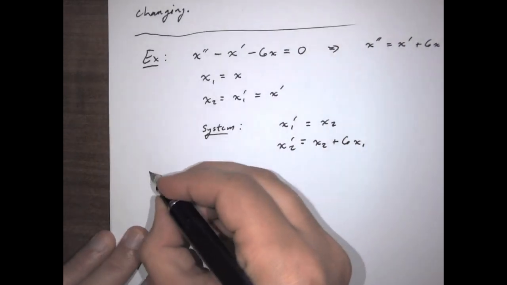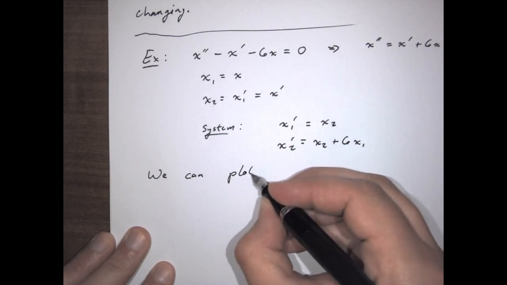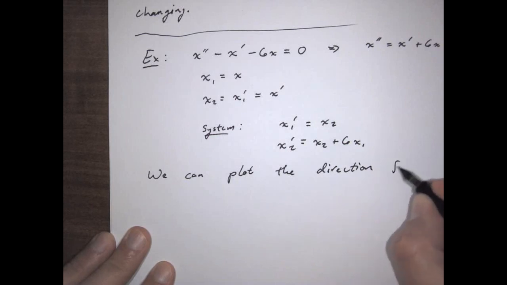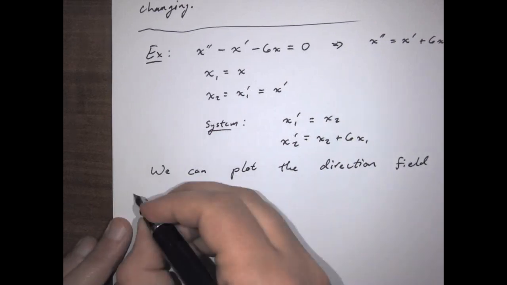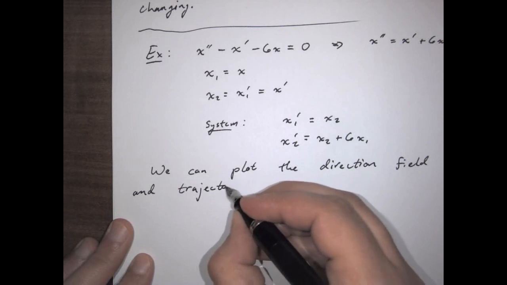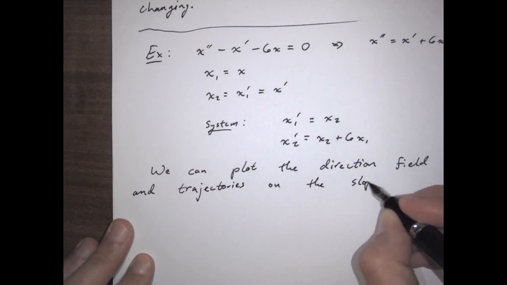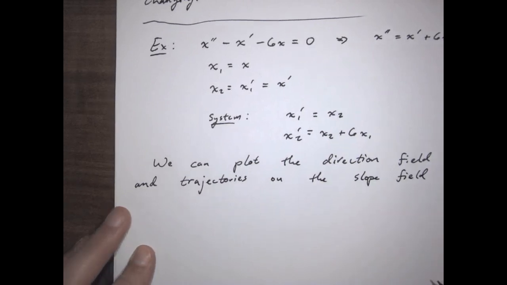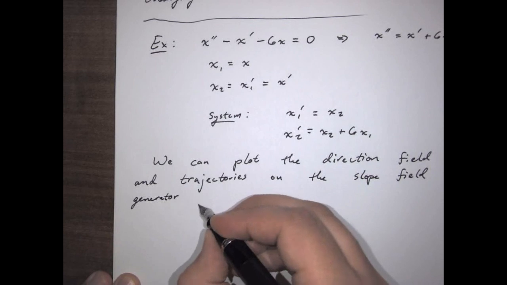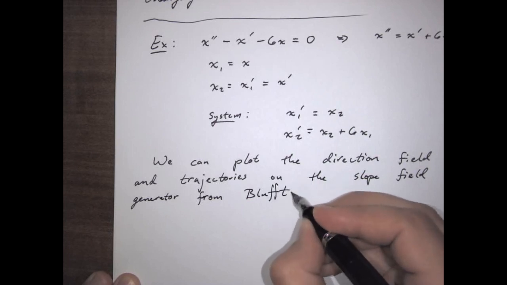Now we can plot the direction field and trajectories on the slope field generator from Bluffton.